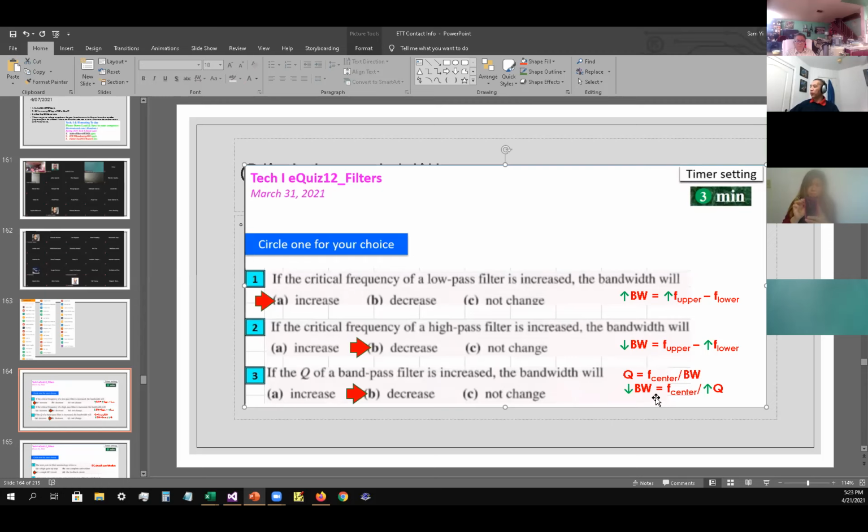You rearrange that, so you bring the bandwidth in front and the Q under it. Therefore, BW equals FC divided by Q. So if you increase the Q, this operates in inverse proportion. If Q increased, the bandwidth has to decrease. So the answer for 3 must be B.